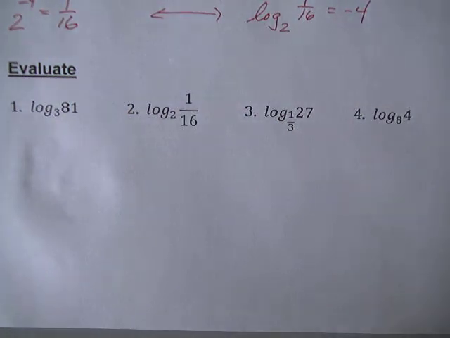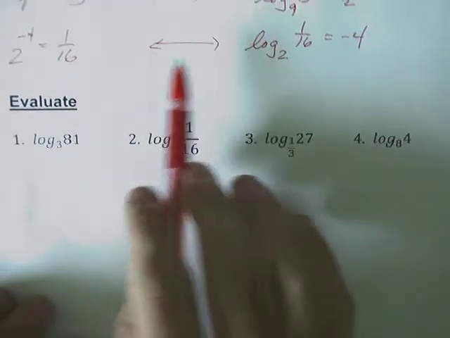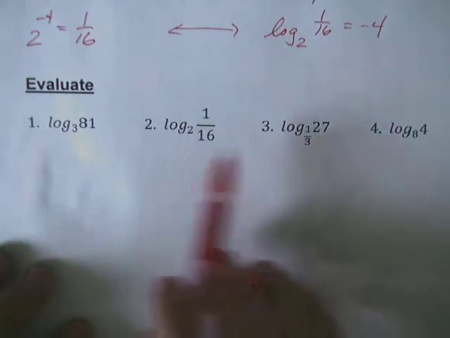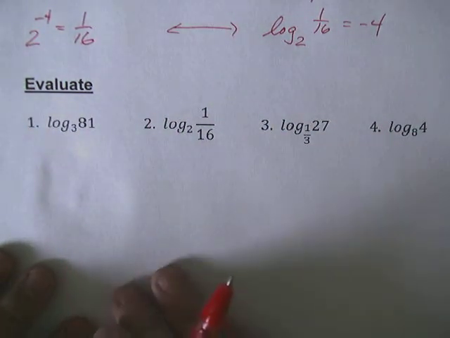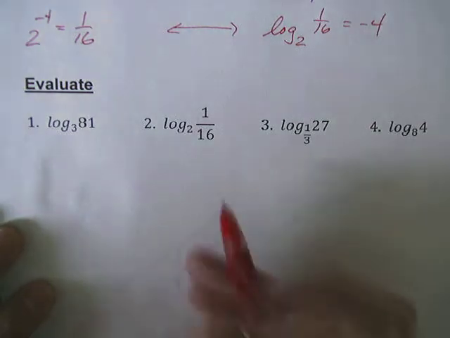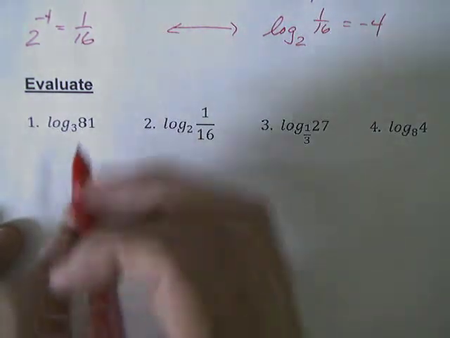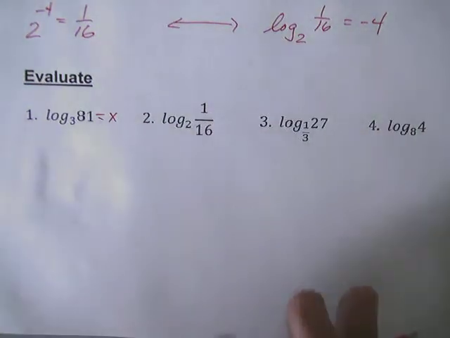Okay, so let's move on down. We're going to talk about some evaluation stuff. Again, I know we don't understand logs completely. That is fine, but just following the pattern we talked about up above, we should be able to go through and change these log notations into exponential and then be able to solve. So for instance, let's talk about this one right here.